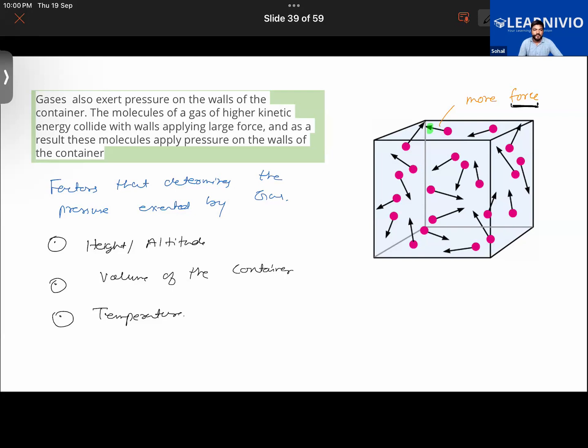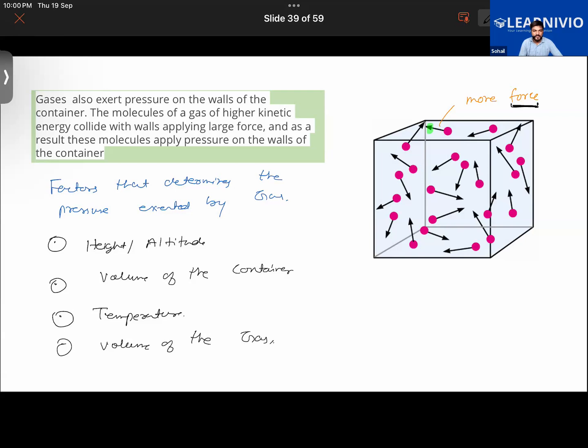Furthermore, the volume of the gas also will determine it. For example, if the amount of the gas in this container is doubled, the pressure inside will also get doubled. Or if you were to reduce the volume of the gas by half, the pressure will also decrease.